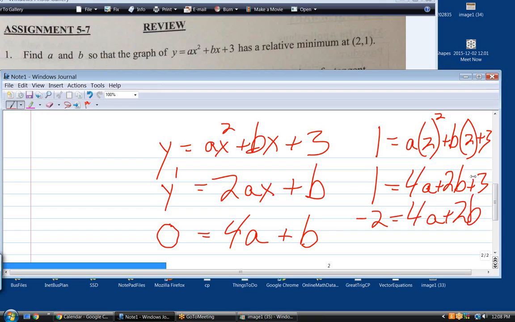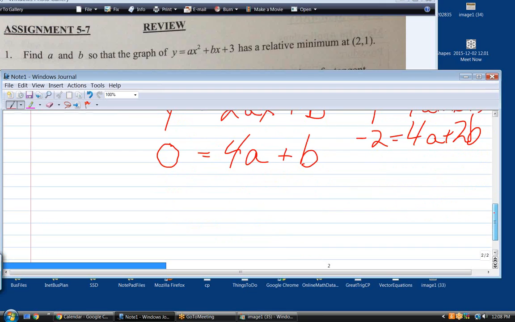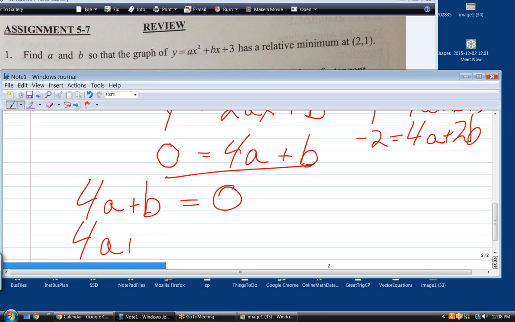Okay. Now we have two equations and two unknowns, and we can solve it. Let's put both equations in standard format, and we're going to use elimination to solve it. There's the first equation. Second equation is 4a plus 2b equals minus 2.